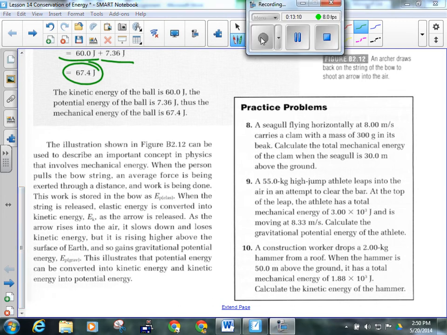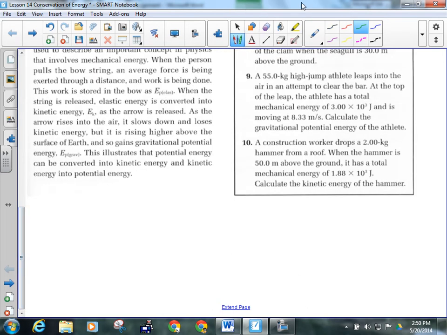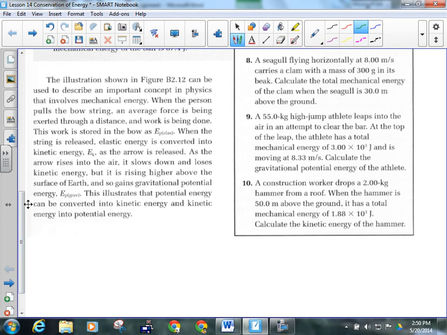Okay, so let's have a look at number 8 first off. On number 8, we've got the seagull carrying the clam. It's flying horizontally at 8 meters per second. So does it have kinetic energy? Yes, it does. And it is 30 meters above the ground, so it also has potential energy.